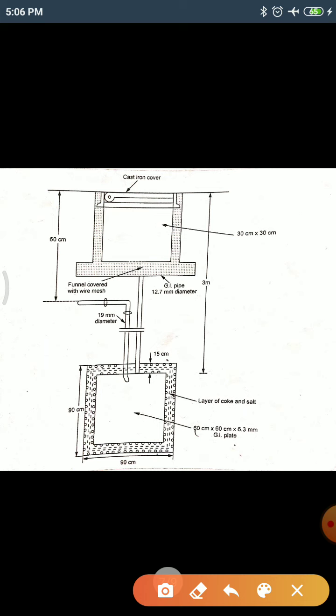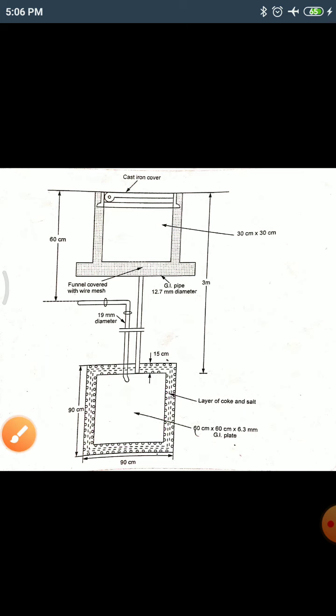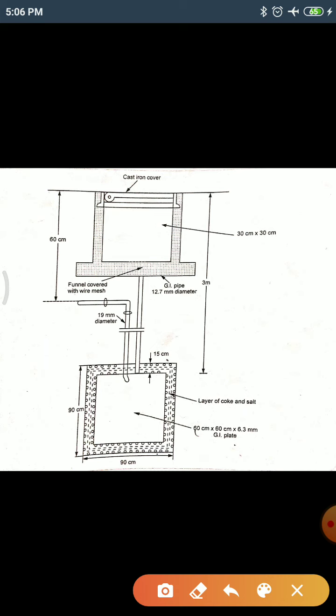In this case the earth connection is provided with the help of a copper plate. The white thing you are seeing is your plate. This is a complete plate. Either it may be a copper plate or a GI plate. GI means galvanized iron plate.